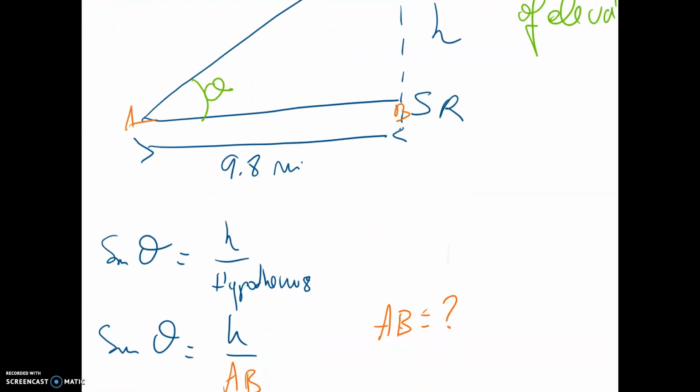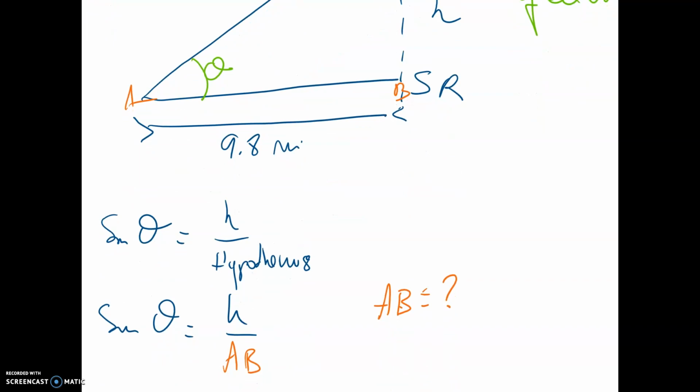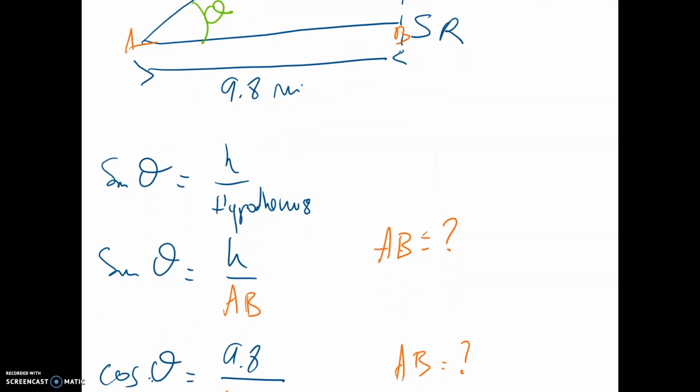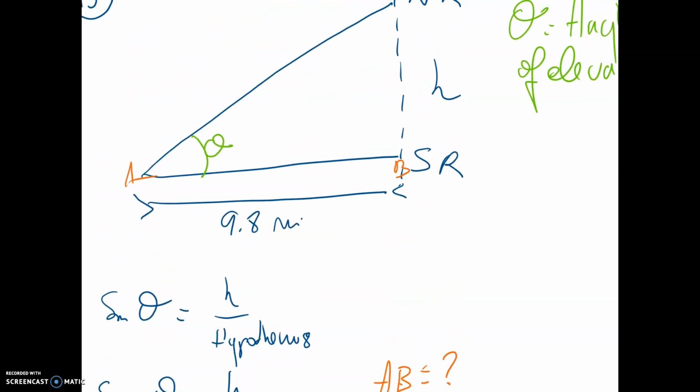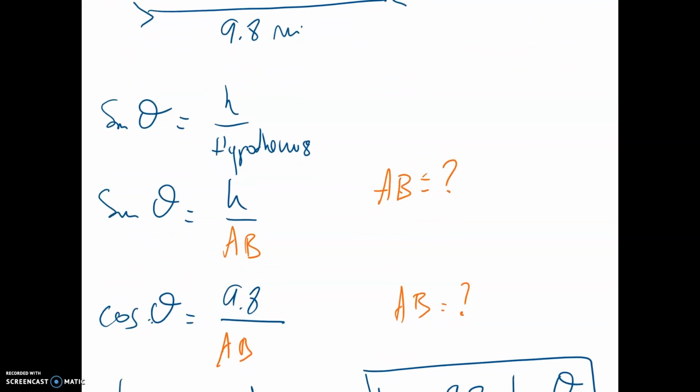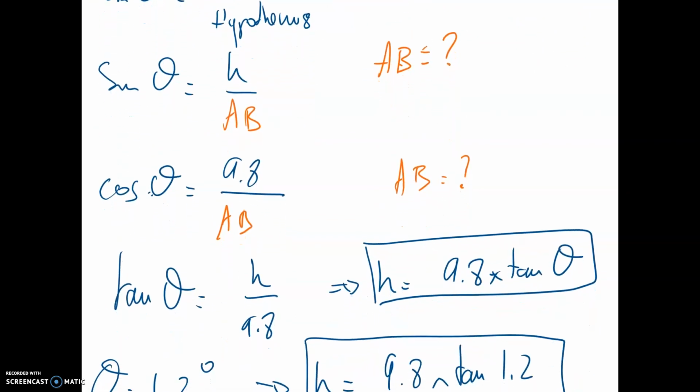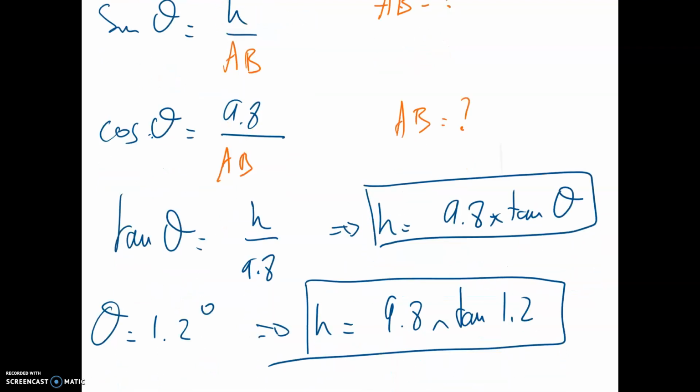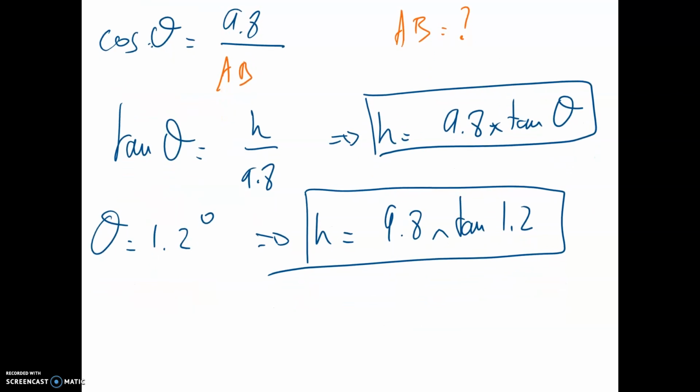For that, you can think about using the sine, because the sine is directly related to the opposite side of my angle. The problem is that in the right triangle ABC, AB is the hypotenuse, and you don't know AB. You might think about the cosine, and when you look at the cosine, you got the same problem. You end up dealing with the hypotenuse, and you don't know the hypotenuse. So in order for you to find the answer, what you need to focus on is to use the tangent of your angle.